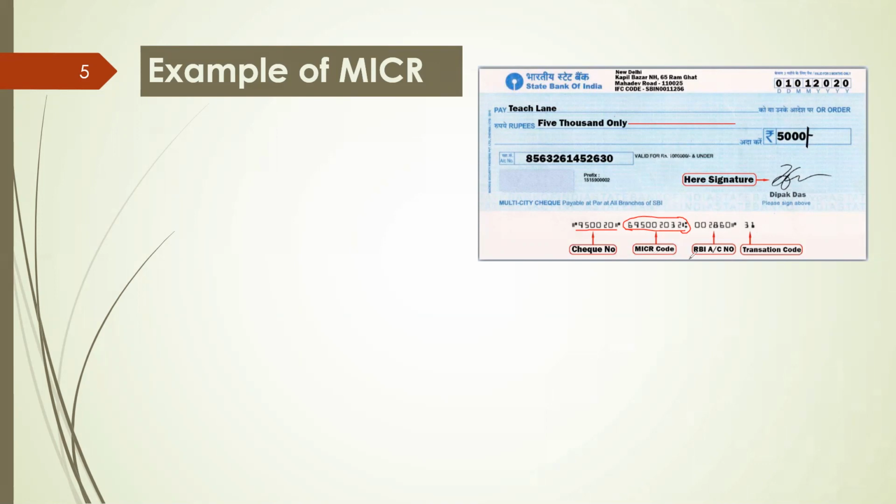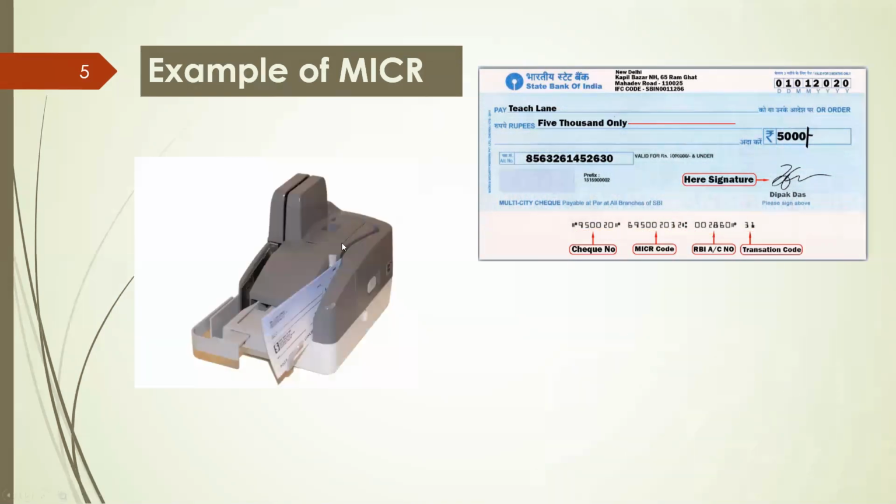And this is the RBI account number and transaction code. How is this checkbook read? It will be inserted in this MICR machine, and those characters will be read by this machine.